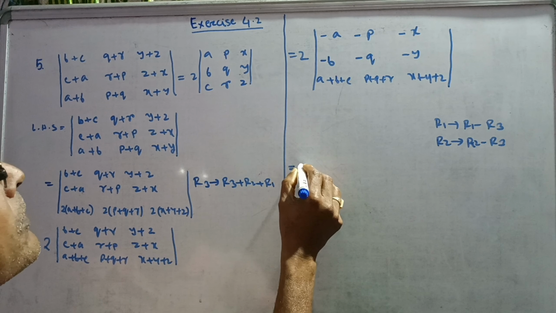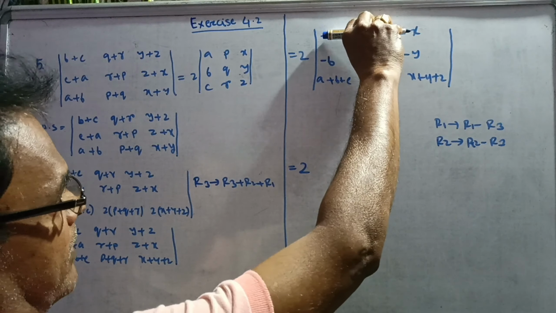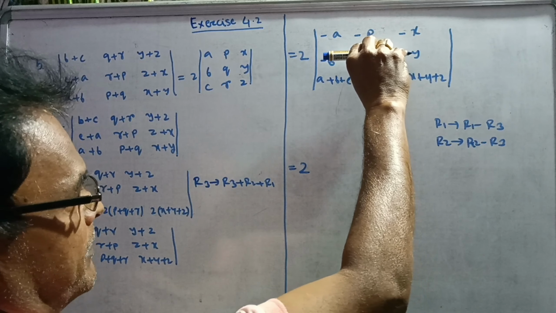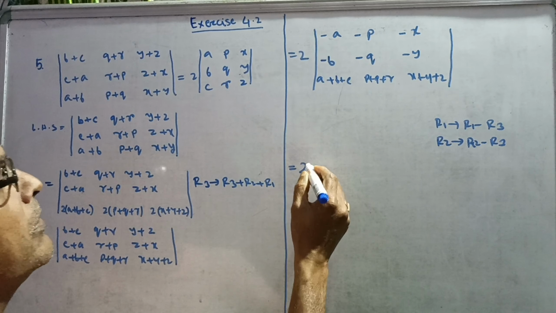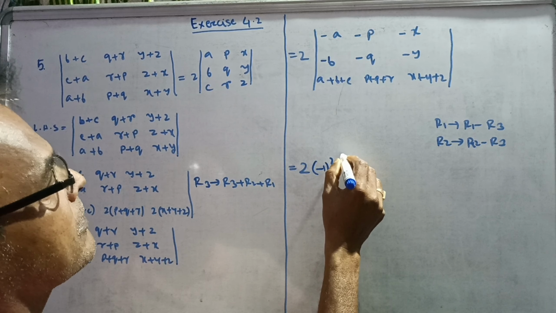Next, here also we can take minus 1 common from each of the first two rows, so we get minus 1 whole square.